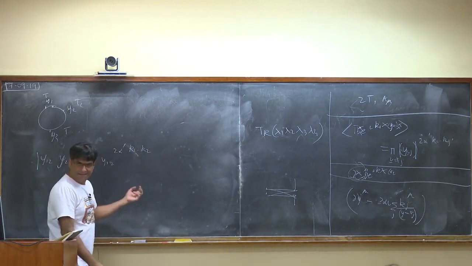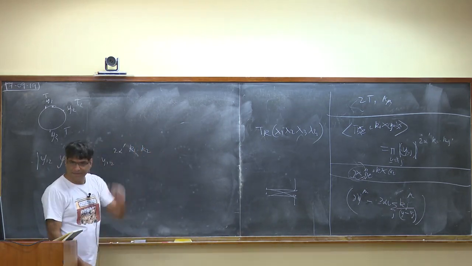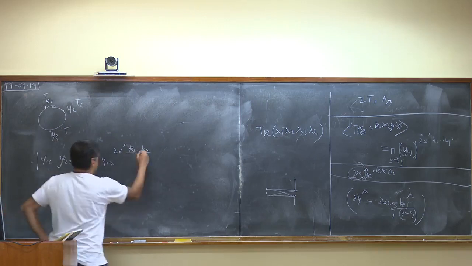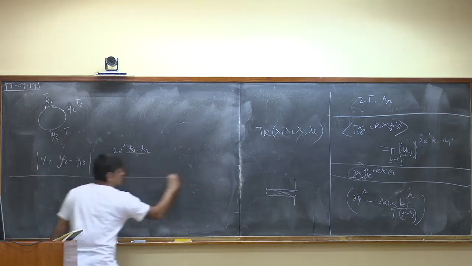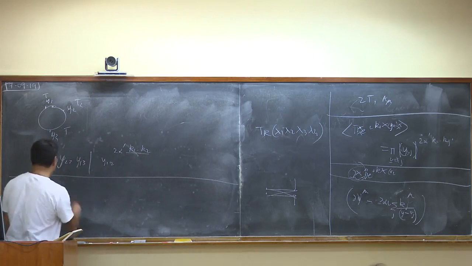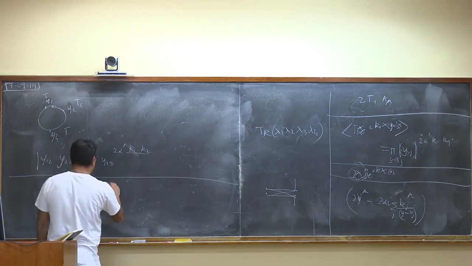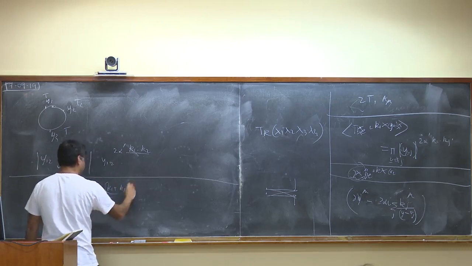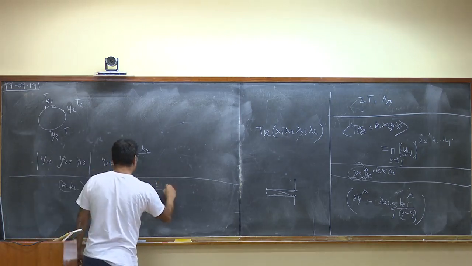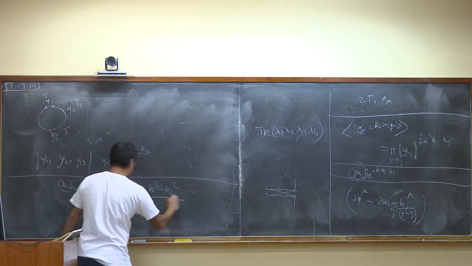Similarly for y13, 2 alpha prime k1 dot k3, and so on. Okay, and now let's remember how these k1 dot k2 factors go. k1 dot k2 was equal to k1 plus k2, the whole thing squared, minus k1 squared minus k2 squared, divided by 2.